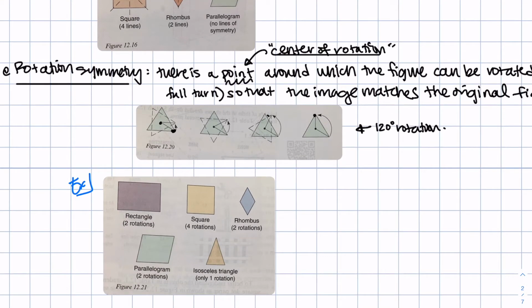Okay, so I can do, again, a similar thing with the rectangle, square, rhombus, parallelogram, and isosceles triangle. Here they're just asking me how many different rotational symmetries I have.